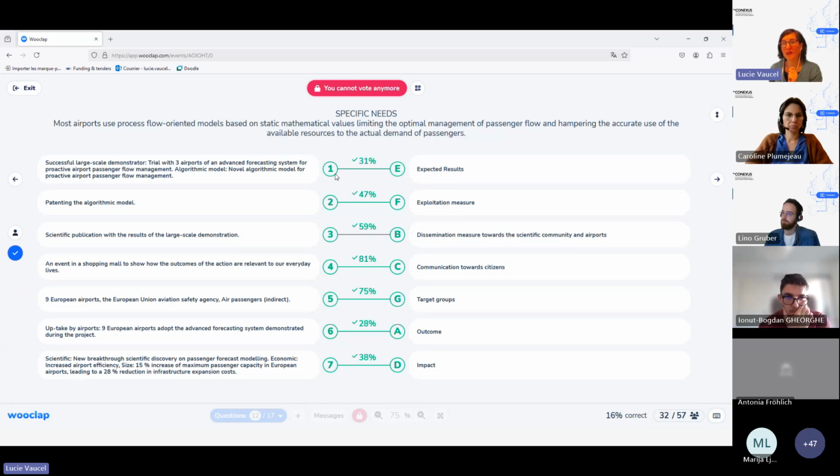Unlike the last one, new breakthrough scientific discovery in passenger forecast modeling, or increased airport efficiency with a 50% increase of maximum passenger capacity in European airports, leading to a 28% reduction in infrastructure expansion costs. Those are real impacts.